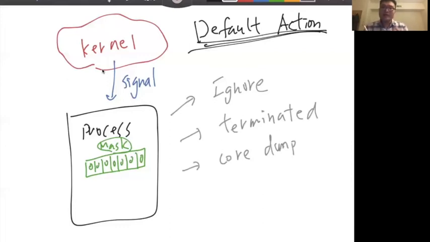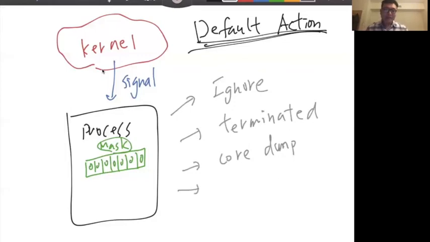But before it's terminated, it will generate some reports for the programmer or user to examine what happened and what the error might be. So they are similar, but the core dump generates reports before actually terminating.